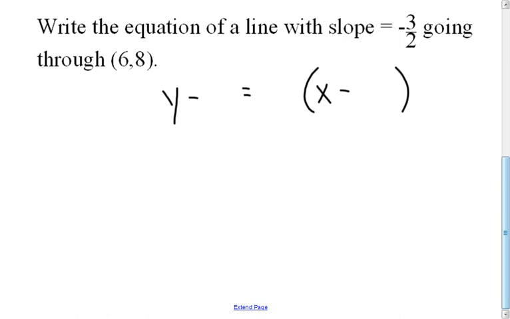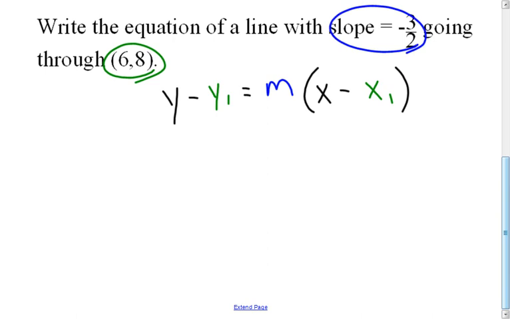We said our slope was here, and if you remember, this was the y value and this was the x value for one point that's on our line. Well, I look at this again, I have that point, I have the slope, I have everything I need to write the equation of this line. It's just a matter of plugging it in.